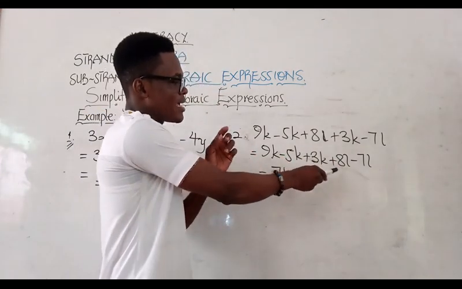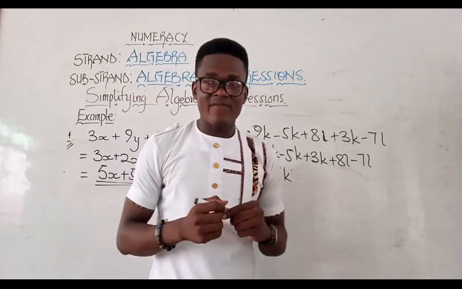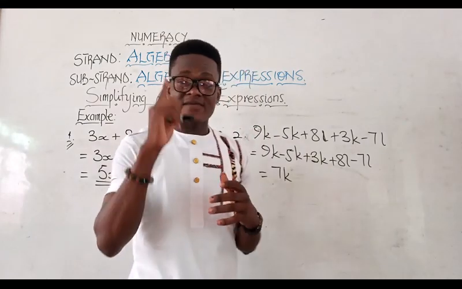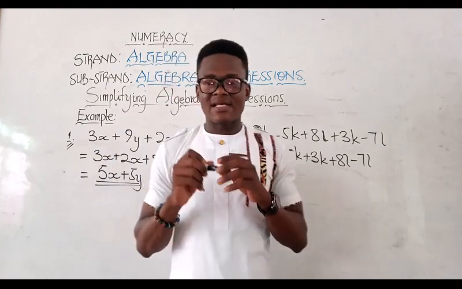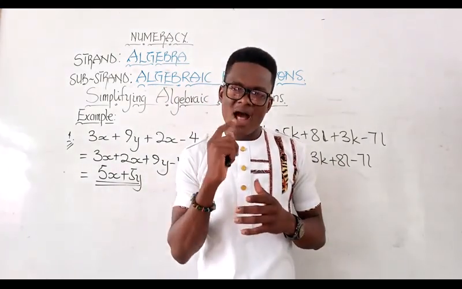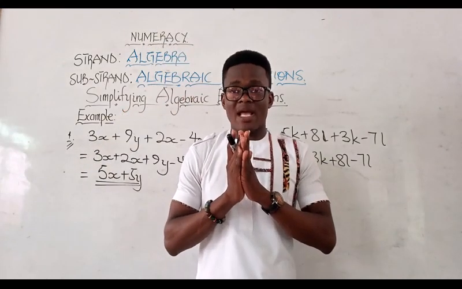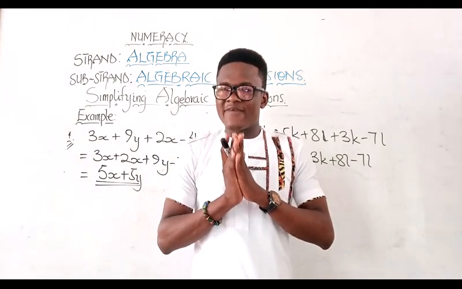Now we have 8l minus 7l. 8 minus 7 will give us what? 1. That's correct. So 8 minus 7 is 1. So what about 8l minus 7l? That's correct. It is L, because when we have a variable standing on its own, there is an invisible 1.